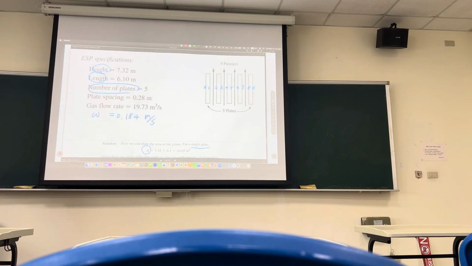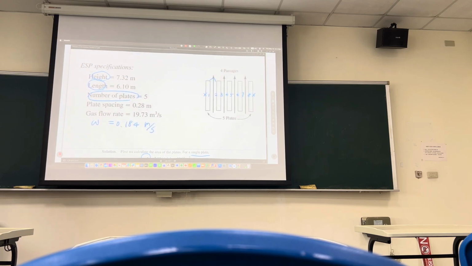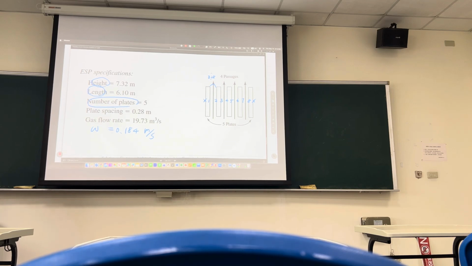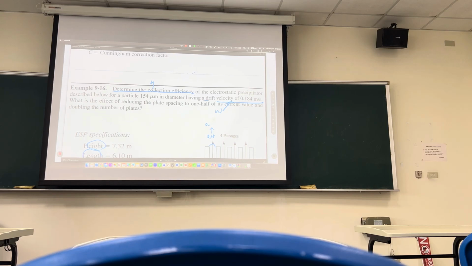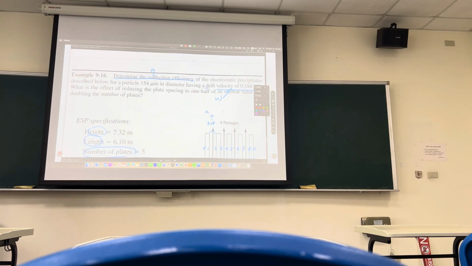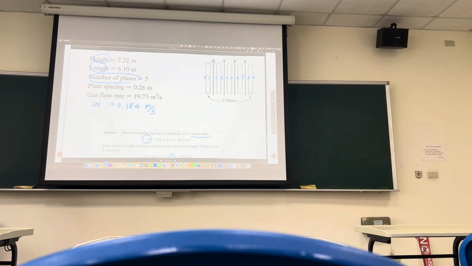Okay, so that was 0.28, right? I want to reduce it to half. I want to reduce this to 0.14. The 空隙要减半, okay? So reduce 0.28 to 0.14. Reduce by half.